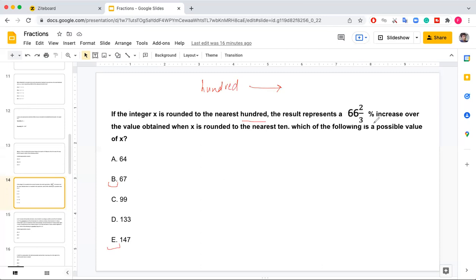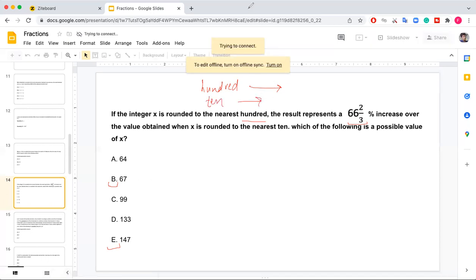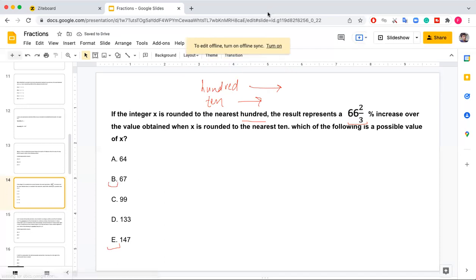The result represents a 66.23% increase over the value when rounded to the nearest 10, right? Am I audible? Yes.